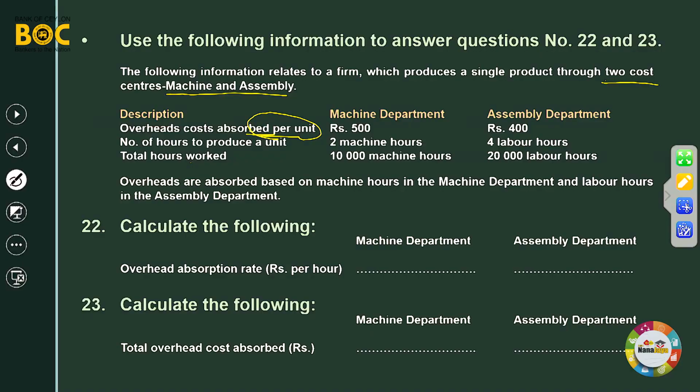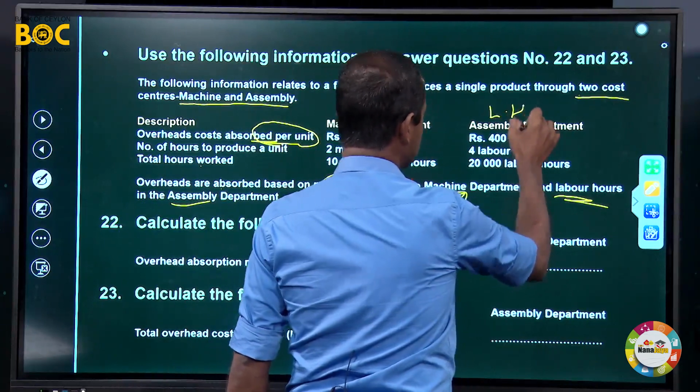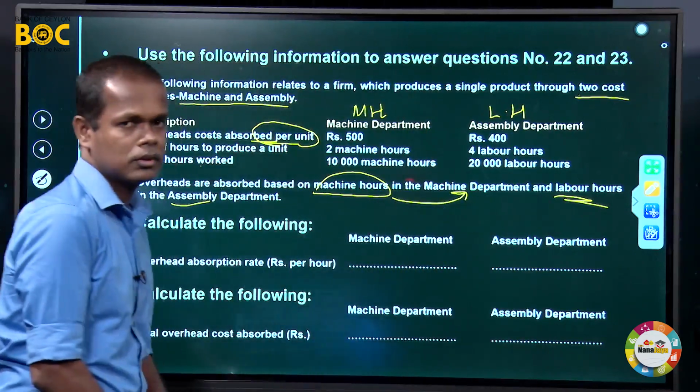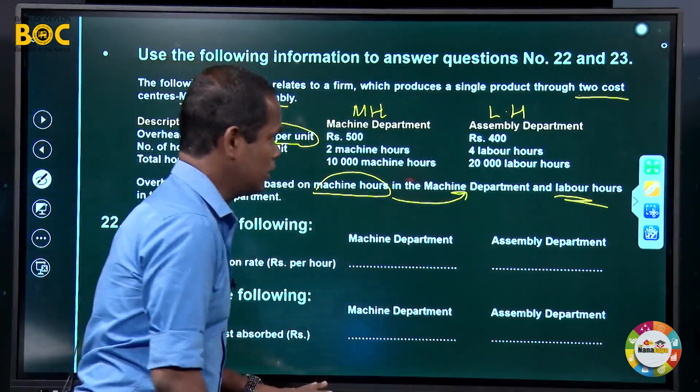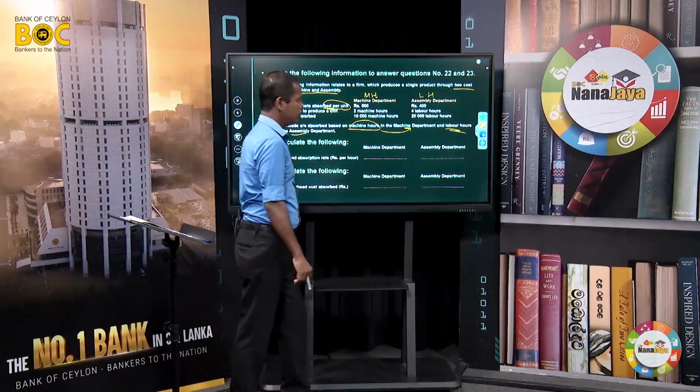The overheads are absorbed based on machine hours in the machinery department and labor hours in the assembly department.